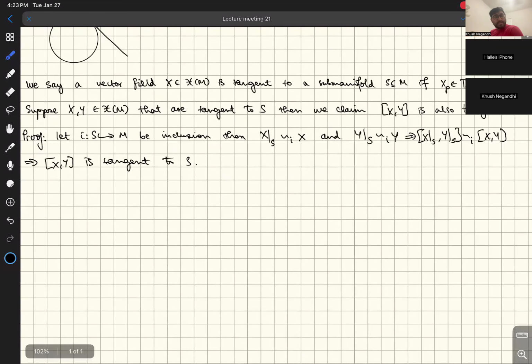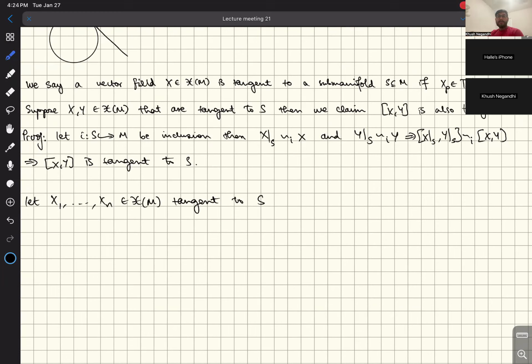So why do I introduce this? The idea is very simple, because now let's have a collection of n vector fields. Let X1 through Xn be vector fields that are all tangent to S everywhere. At each point we can check whether this collection of vector fields is linearly independent.